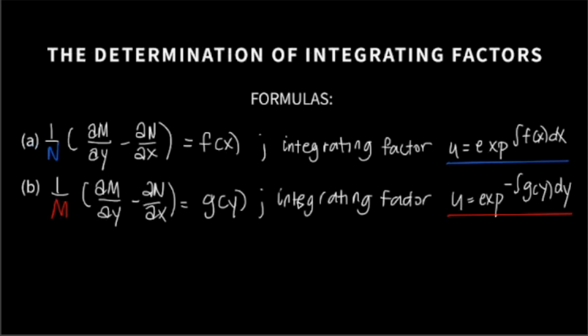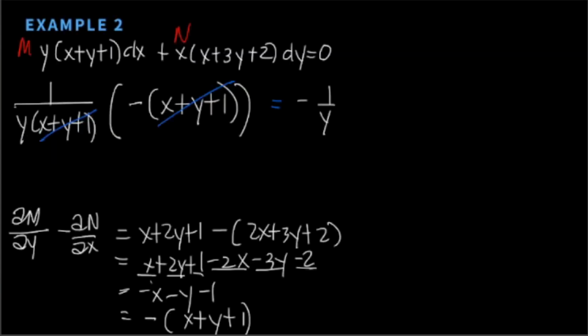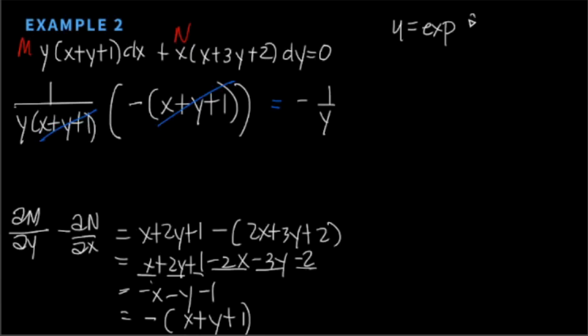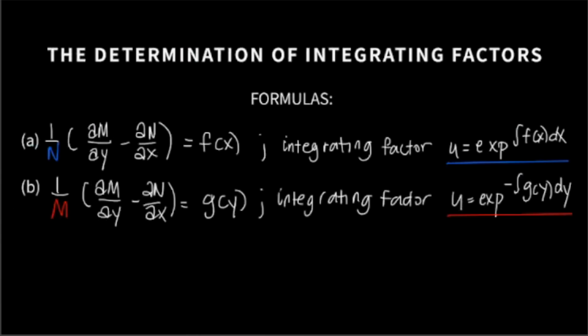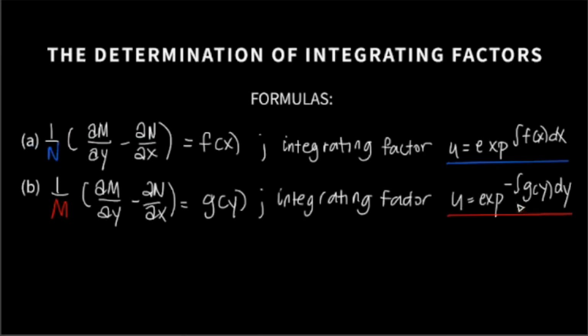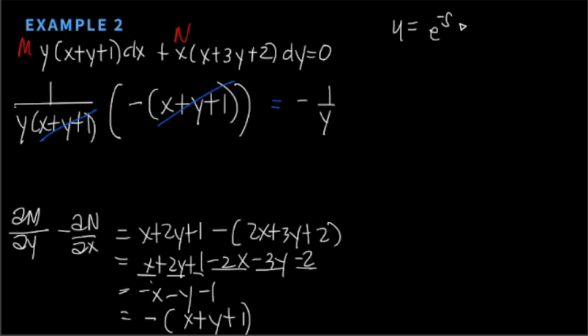So, proceed tayo. Hanapin natin yung integrating factor. So, ito yung integrating factor ng formula B. So, mu is equal to e raised to negative integral of g of y dy.